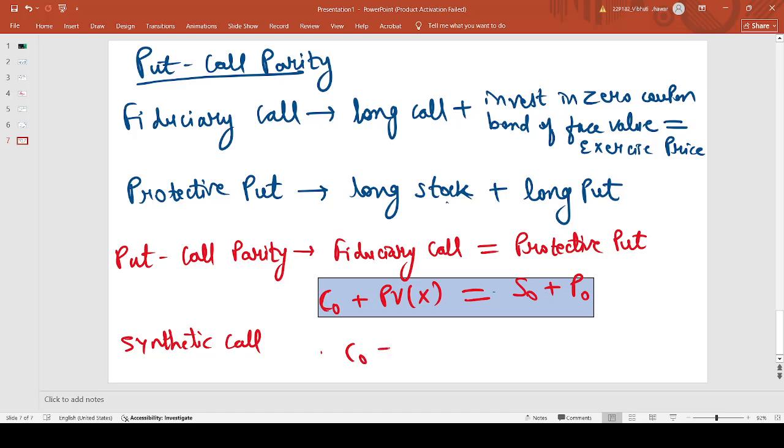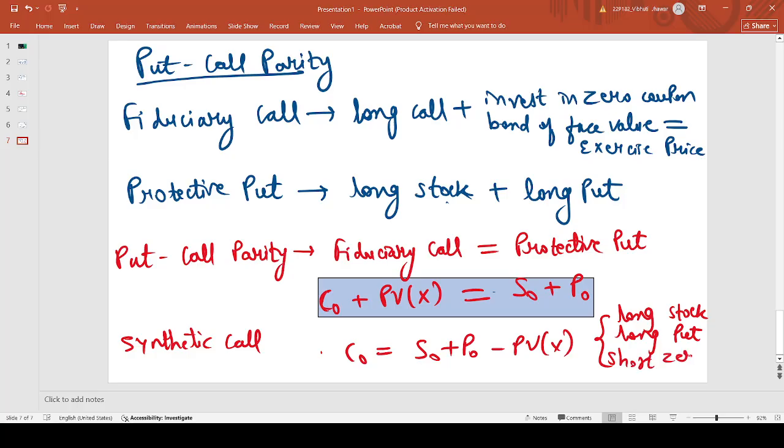How? C0 is equal to S0 plus P0 minus PV of X. Simple. Which means that to create a synthetic call, you are going to long the stock, long put, meaning buy the put, and short the zero coupon bond.